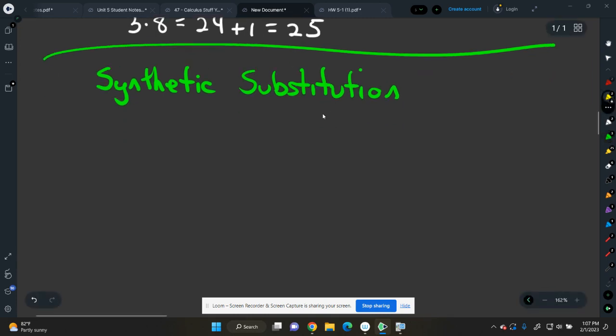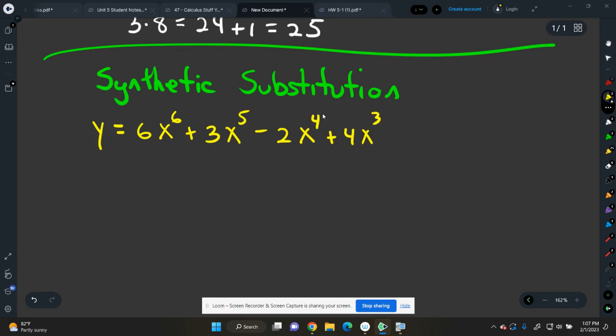So let's say that I have y equals 6x to the 6th plus 3x to the 5th minus 2x to the 4th plus 4x to the 3rd plus 2x squared minus 8x plus 10.